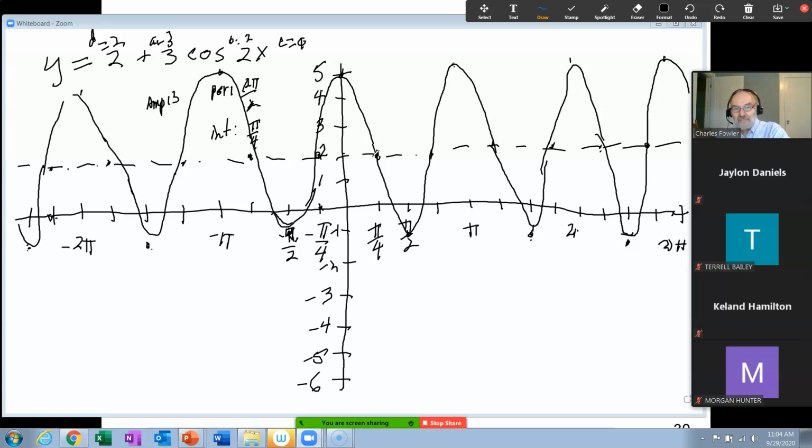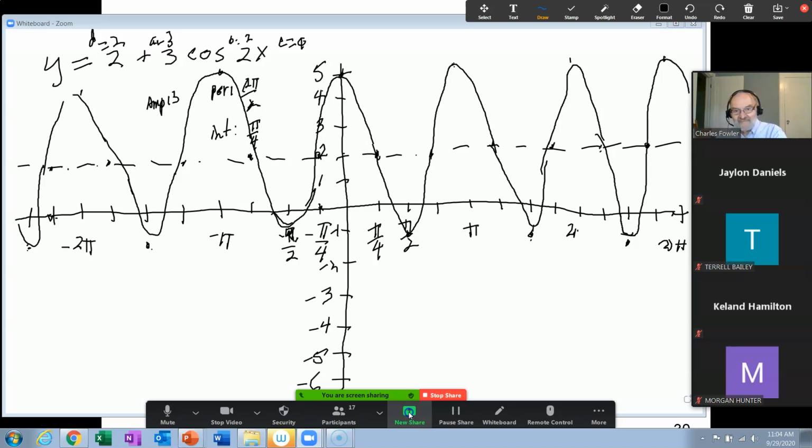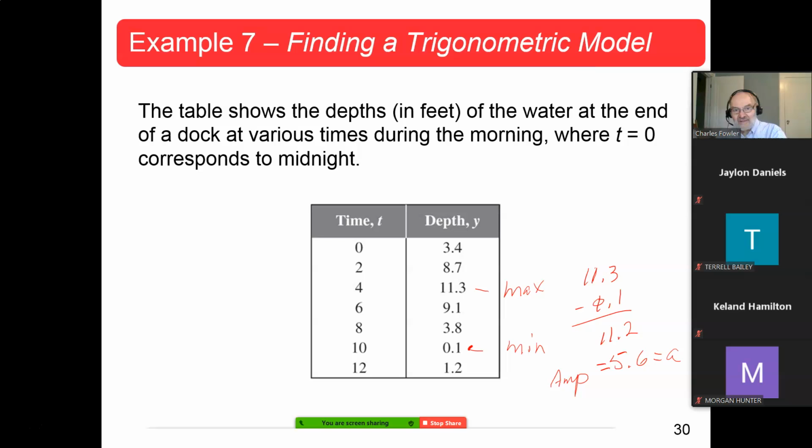So on this problem, what we're going to do is add the max and min together. 11.3 plus 0.1, that's 11.4, and then take half of that because it's the average, and that's 5.7.